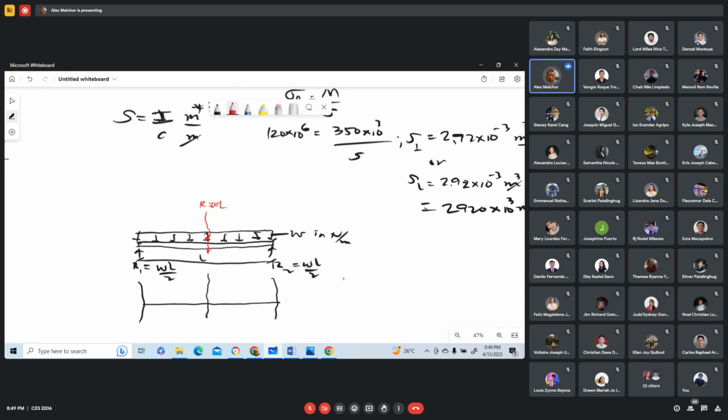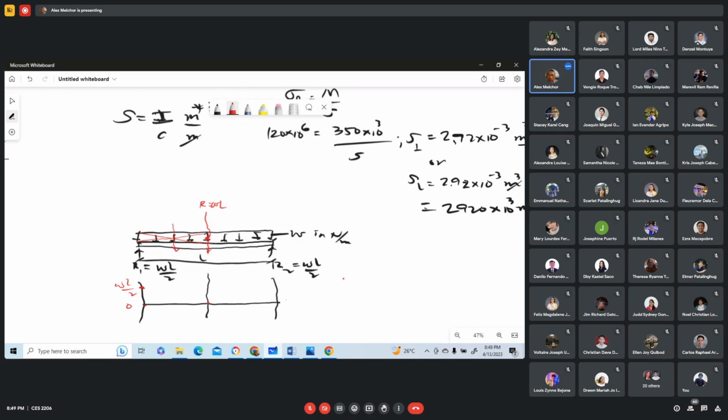So the maximum moment occurs right here. No? If we are going to draw the shear diagram, we have this WL over 2 and minus that resultant, the portion of that uniformly distributed load.